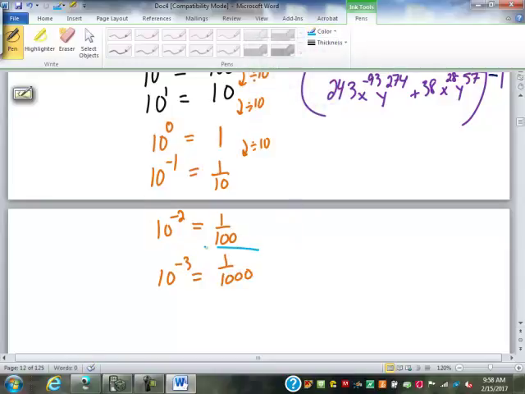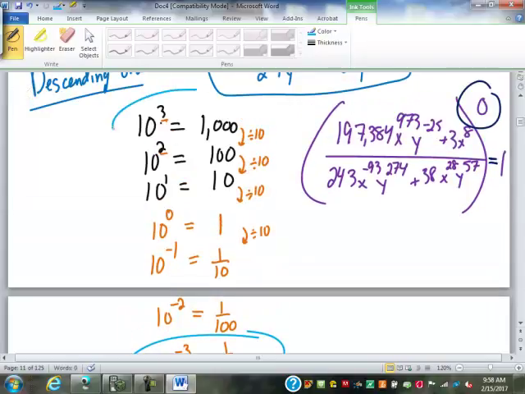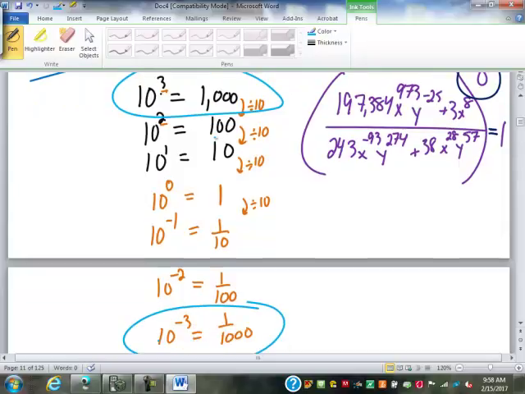You'll notice a connection between the negative powers and the positive powers. 10 to the positive 3 was 1,000. 10 to the negative 3 is 1/1000. Technically the negative power is a reciprocal. So it's 1 over the positive power.